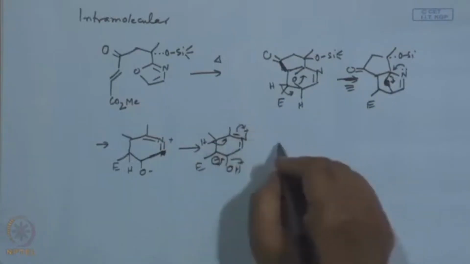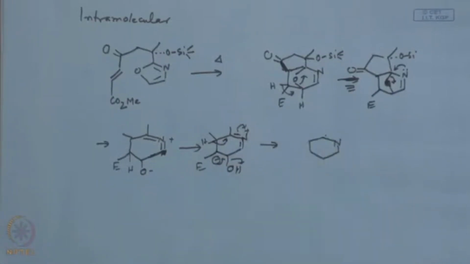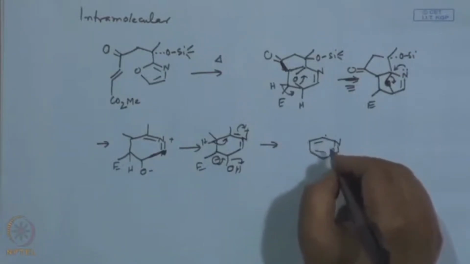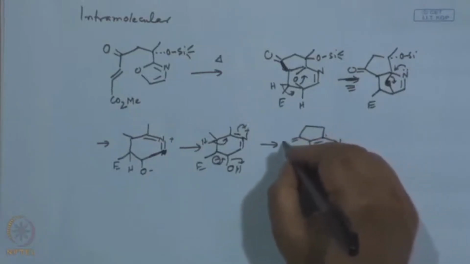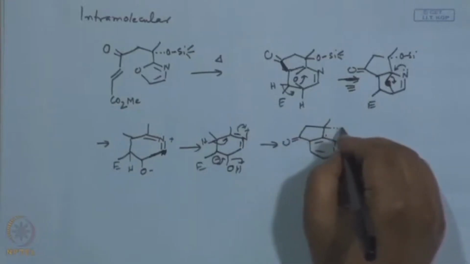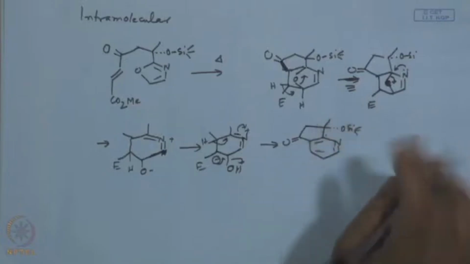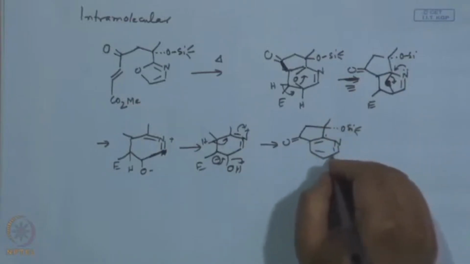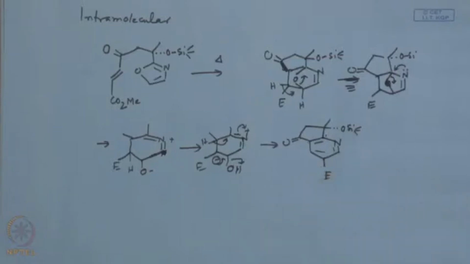Eventually, through all the steps you are going to get a pyridine nucleus, and what else? You have a 5-membered ring. On one side you have the ketone, on the other side you have the silicon substituent and the methyl substituent. And then 1, 2, this should be the 3 position. The 3 position is occupied by an ester group. That's it.